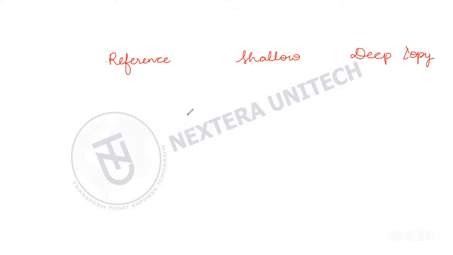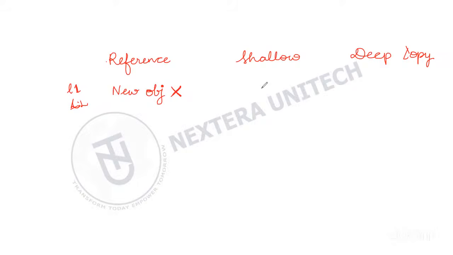So in reference copy, a new object is not created. Just the same object reference is kept, right? That memory allocation. The L1 and L2 will point to the same object which is stored in that location. So a new object is not created by the reference copy.